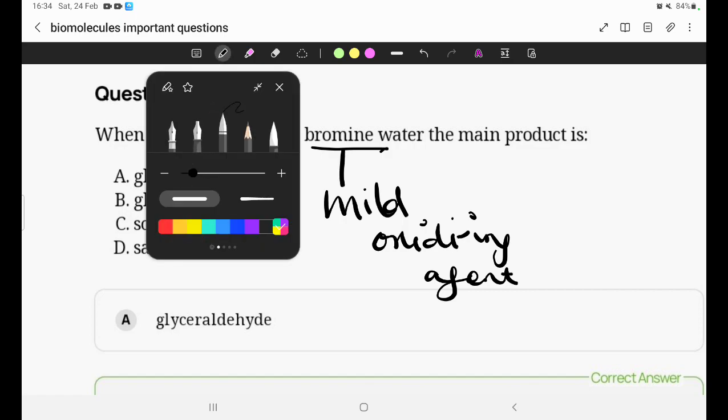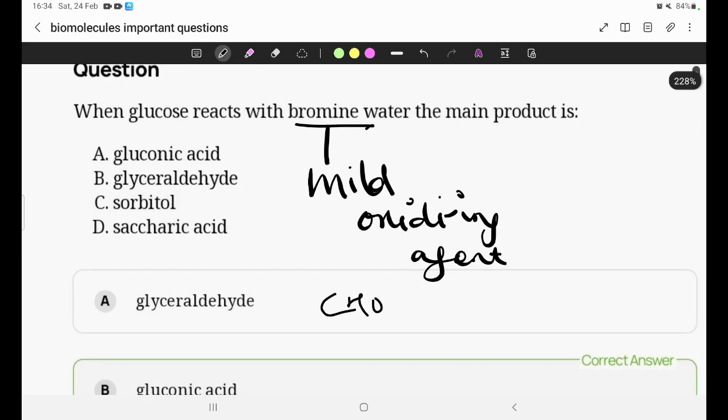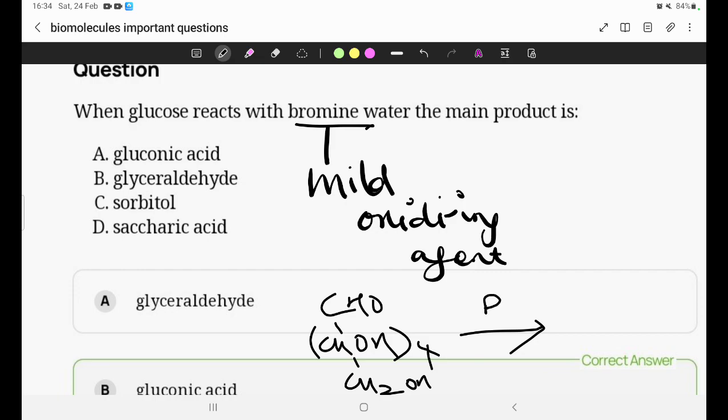So, we do know the glucose formula. It will be written like CHO, CHOH the whole 4, CH2OH. Now, when you make it react with the bromine water, instead of CHO, you're going to get COOH, then CHOH the whole 4.